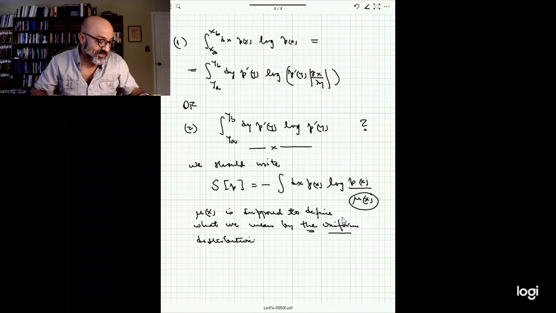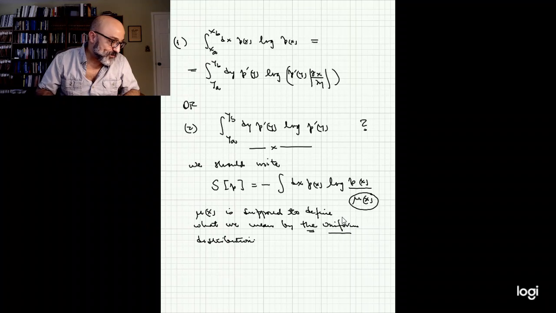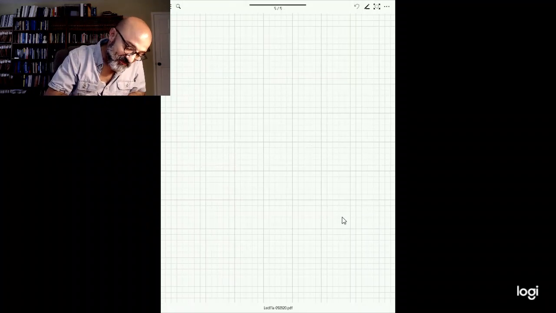Now, we need to have a sense of what a volume is in this space. If you don't have that, you cannot do it. Once we have that, then the problem is solved.